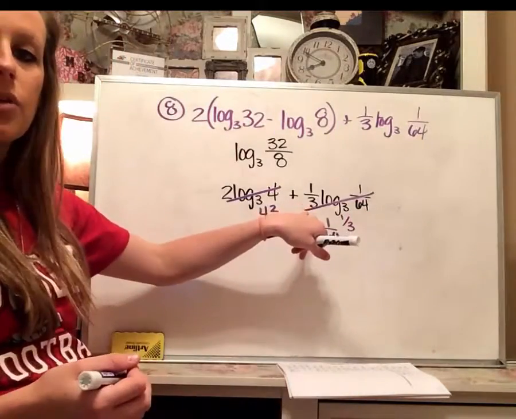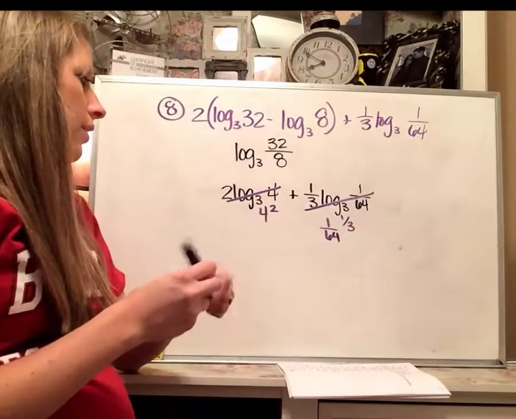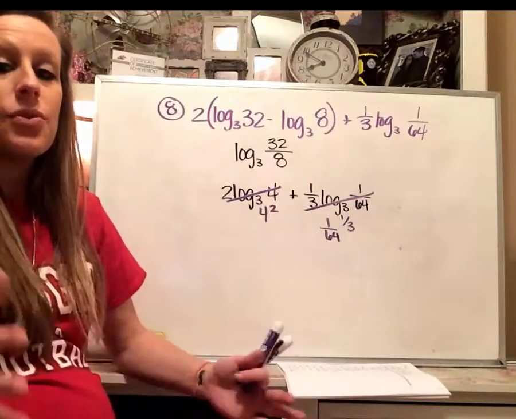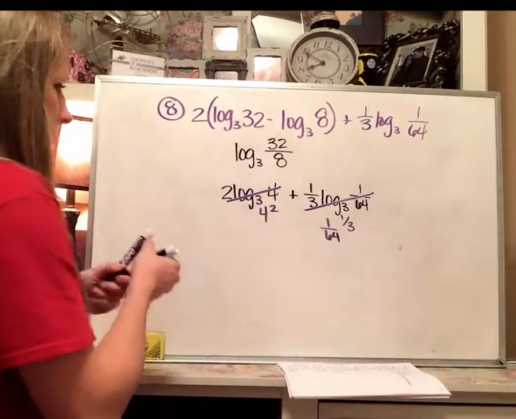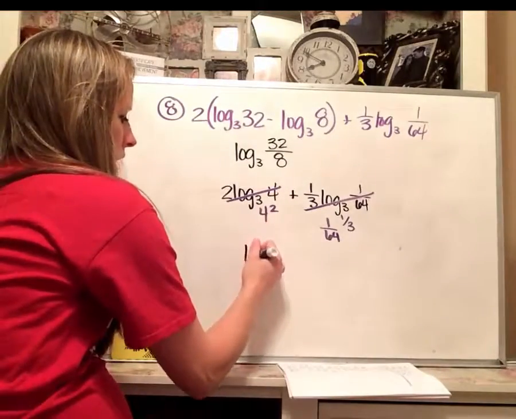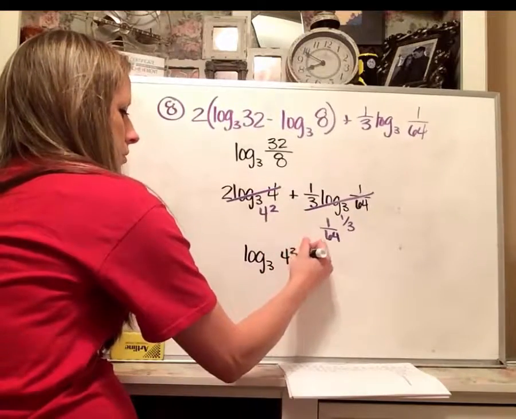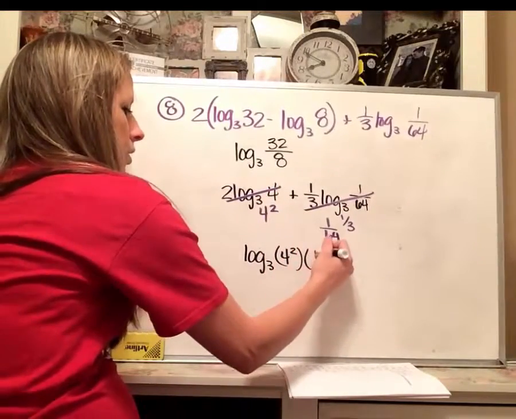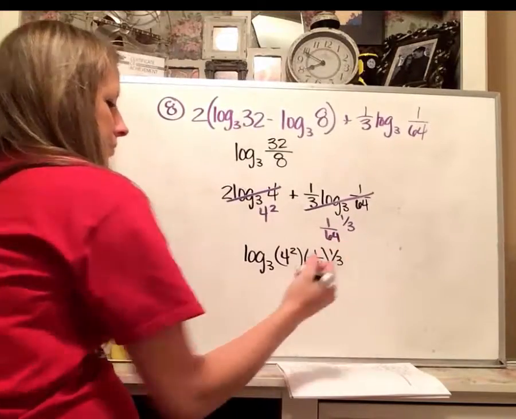I just moved my number in front to the exponent. Okay, and we're adding these two. So if we want to condense it, we want to multiply it. So it's going to be log base 3 of 4 squared times 1 over 64 to the 1/3 power.